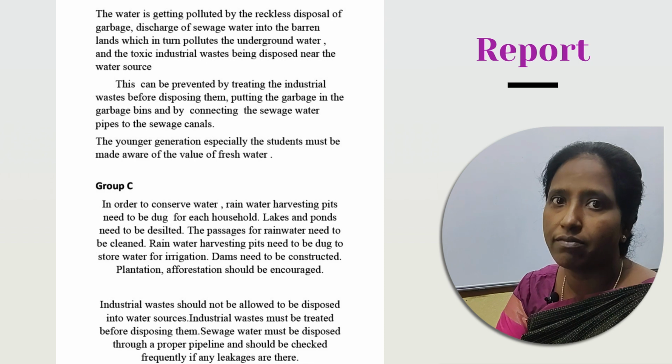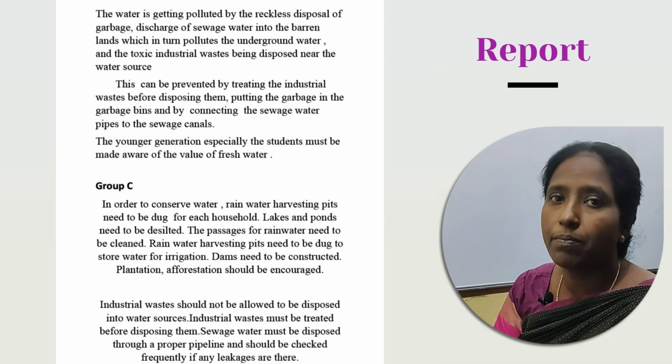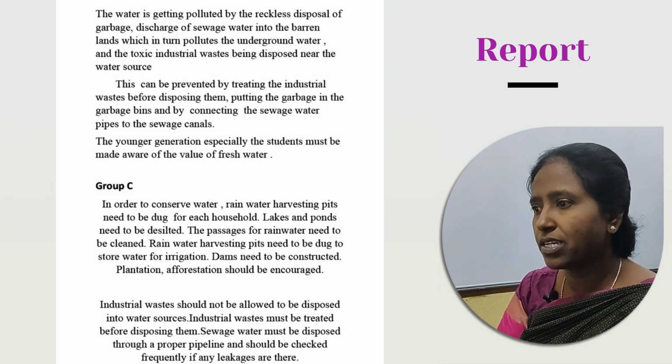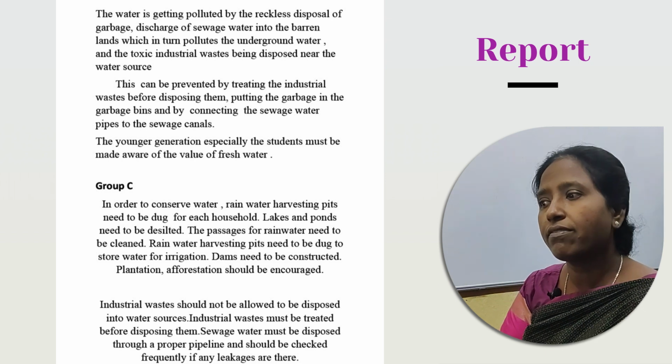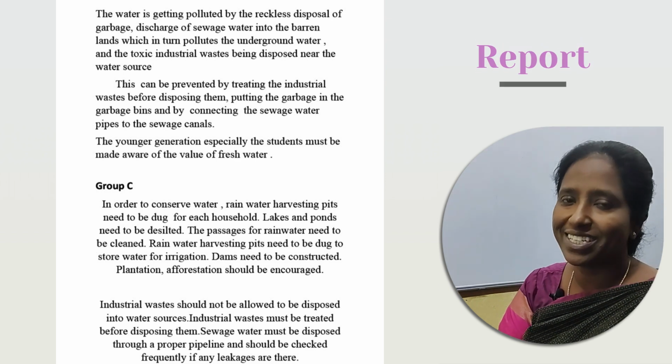They have to treat the waste and then send it, so that it is not harmful to the innocent public. And sewage water must be disposed of through a proper pipeline and should be checked frequently for any leakages, so that pollution can be avoided.